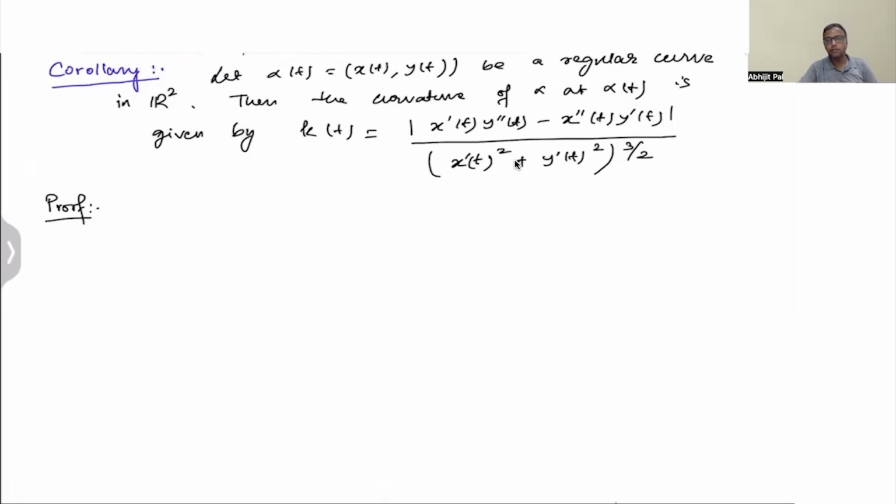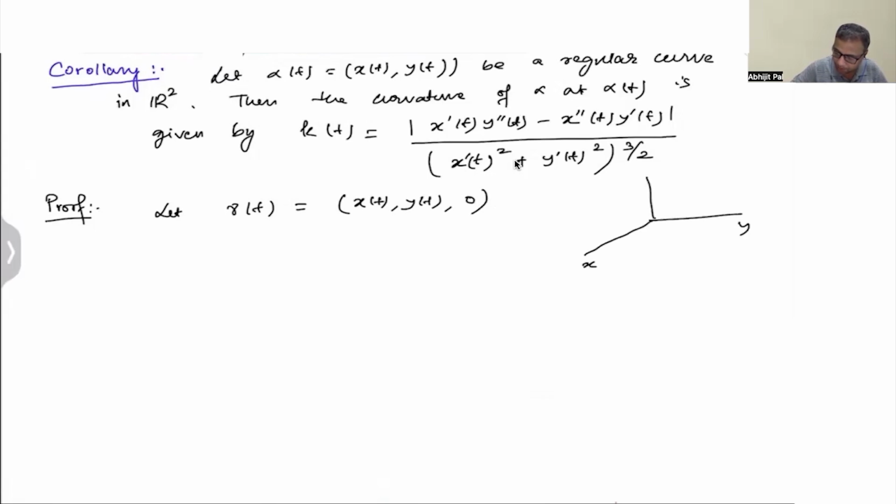This planar curve, you can think of it as also lying in R3. So let gamma(t) be equal to (x(t), y(t), 0). Okay. So this is the picture. This is my xy plane and the curve is lying in this xy plane.